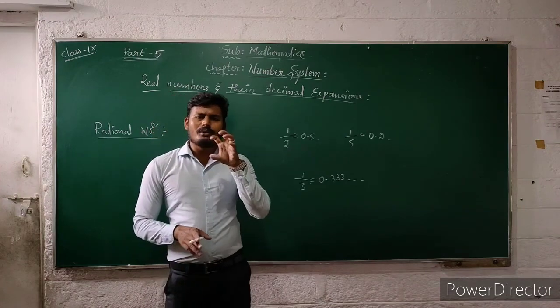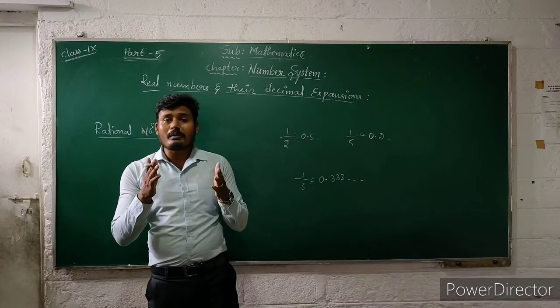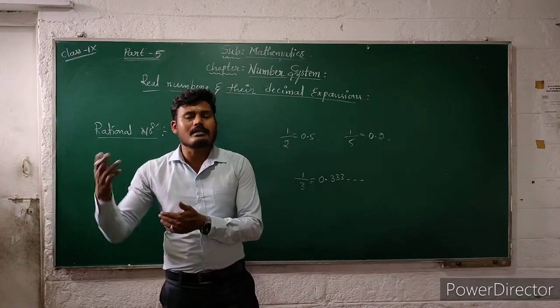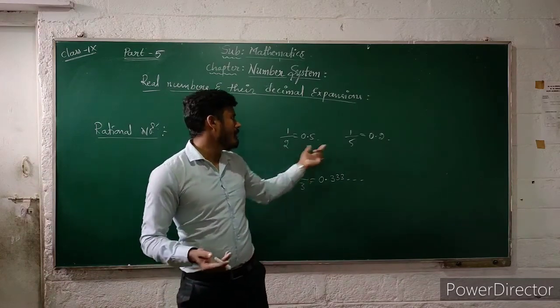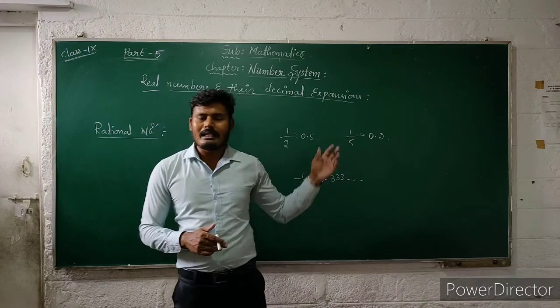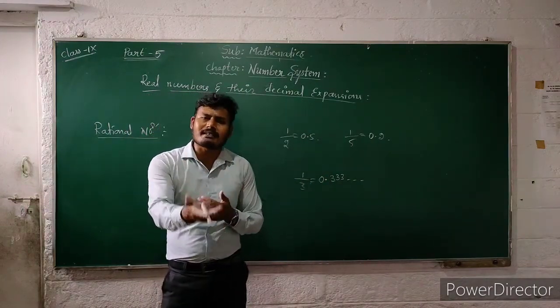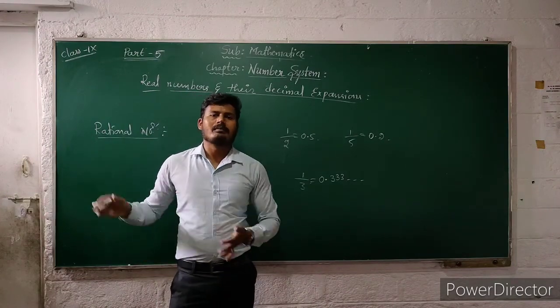In the division process, you notice that some divisions have a remainder that ends with 0, for example 1 by 2 and 1 by 5. Its remainder becomes 0 at a certain stage, either in the first step or second step or third step.